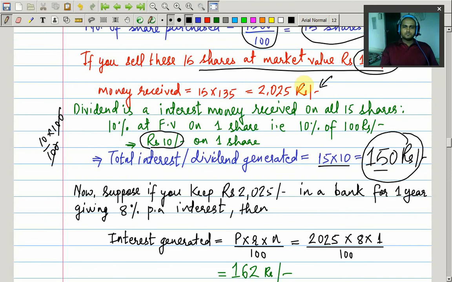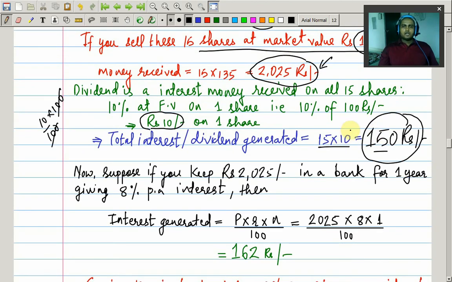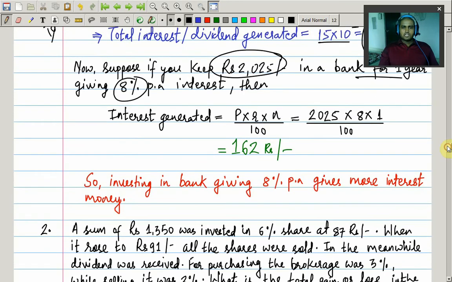So this much money is received after selling, and on those many shares I will get this interest. Now suppose I keep this money in a bank for 1 year at 8% per annum interest, then how much interest will I generate? That's simple interest: principal amount into rate into time upon 100.